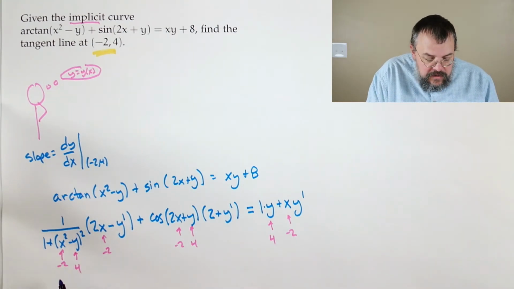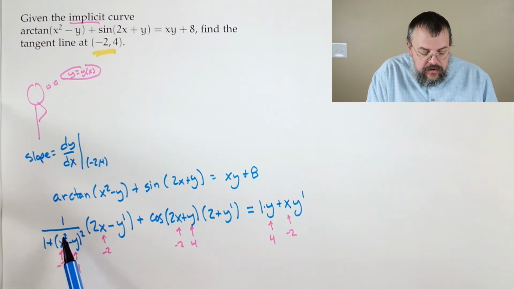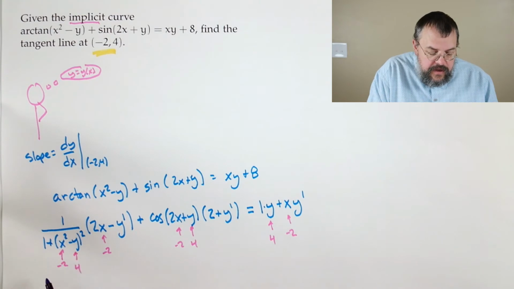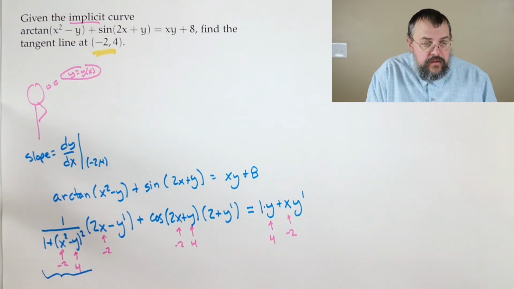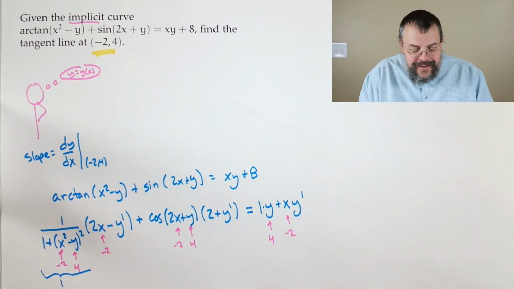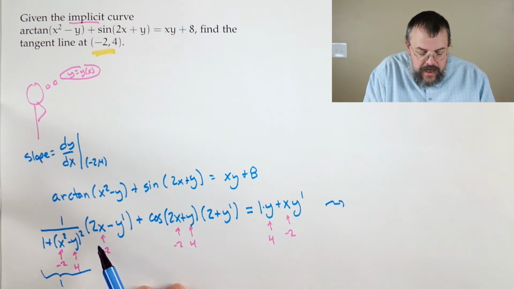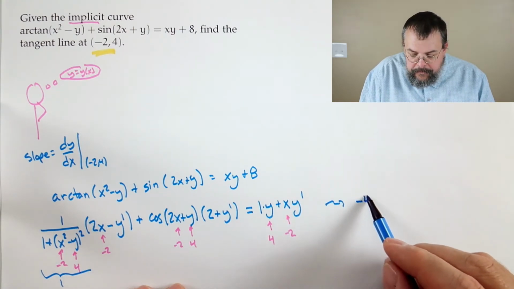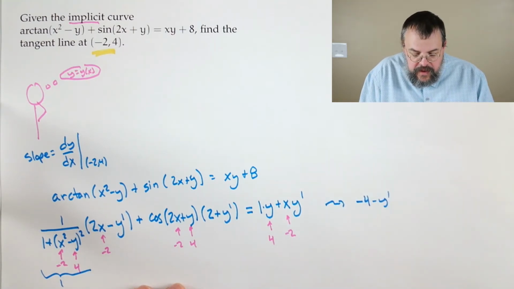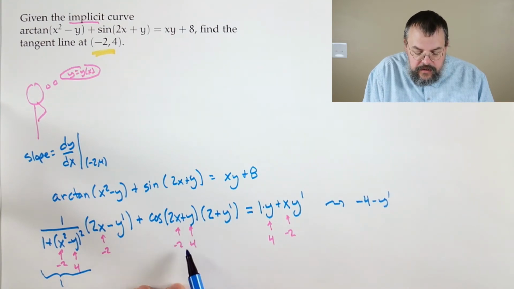Well, good news is, notice here, you'll get -2 squared minus 4 is 0. That's 0 squared, which means that this whole first piece is just 1. Whew, easy. Good. So it's 1 times that, so this becomes -4 minus y prime. And then here we have 2 times -2 plus 4, which is 0.